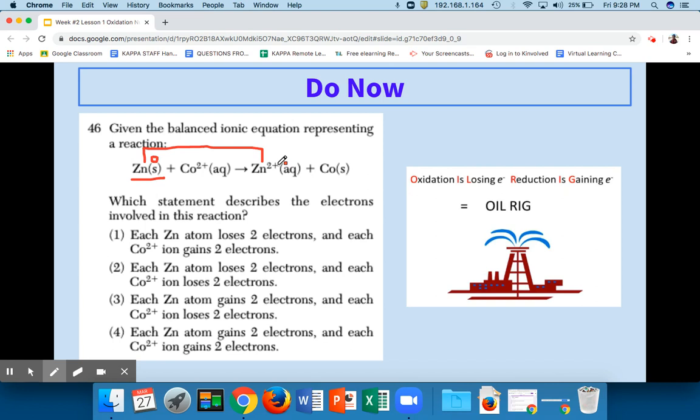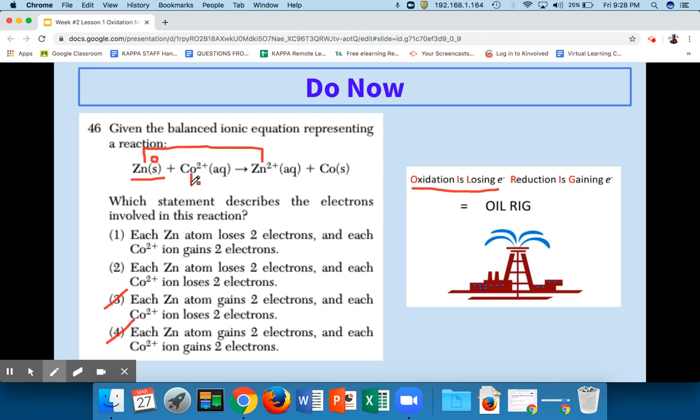Well, if it's going from 0 to a 2 plus, that means electrons are being lost. And I remember from OIL RIG that oxidation is losing. So I know zinc solid is losing electrons so that it can get to zinc 2 plus. So which of these can I immediately cross out? I can cross out 3 and 4.